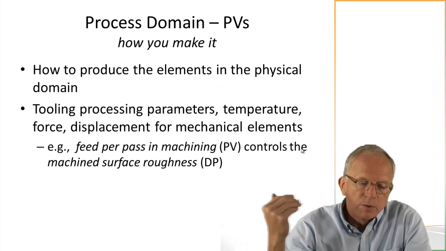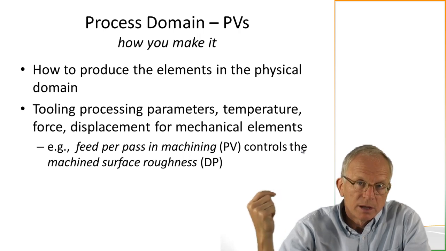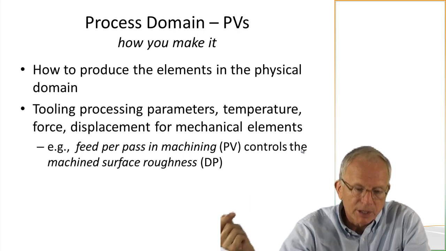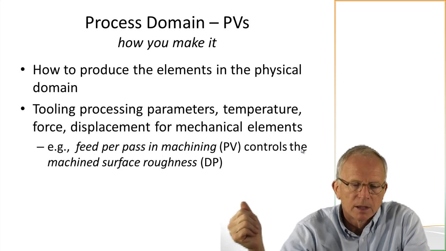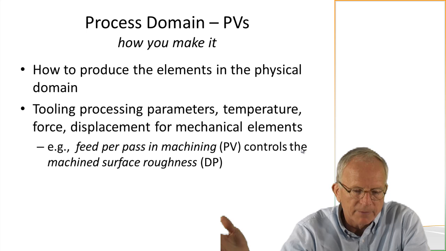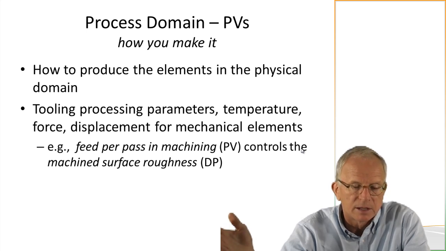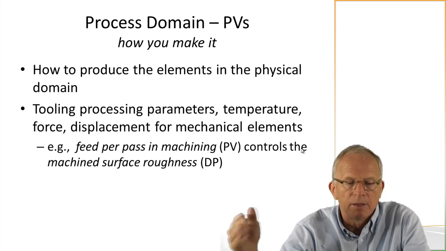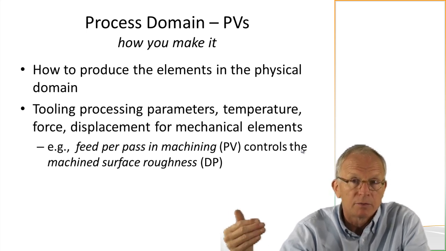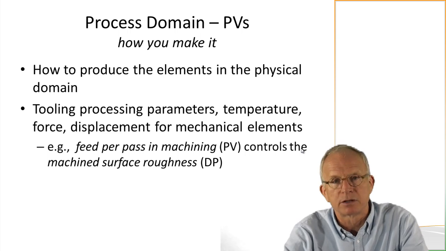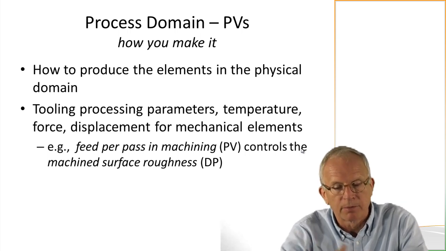So if we continue with our example on the friction, the FR in the friction example, that's going to be some sort of roughness in the physical domain. And then in the process domain, it could be the feed per pass in machining. If we take a larger feed per pass, the surface is rougher and then might provide better friction.